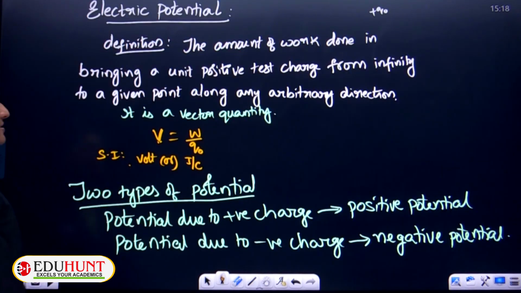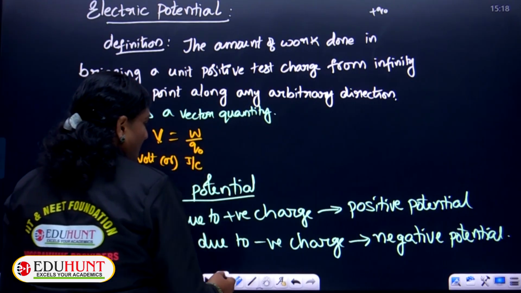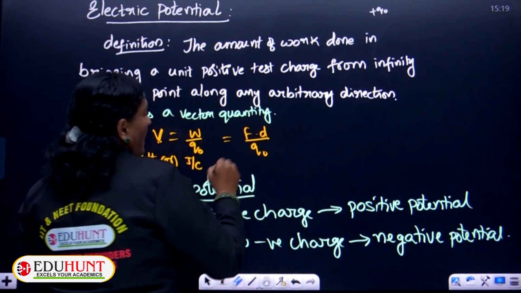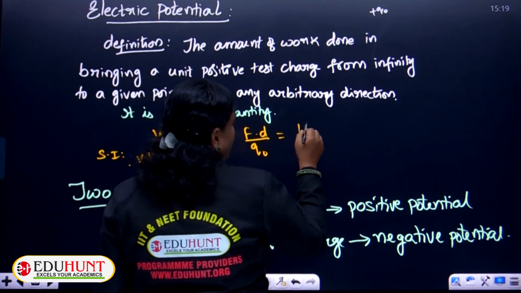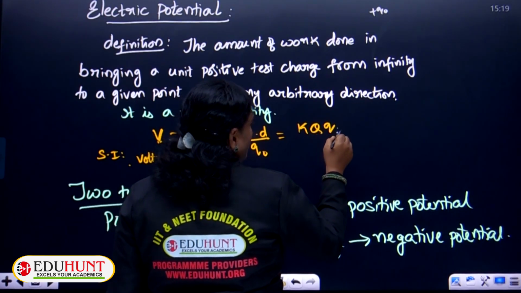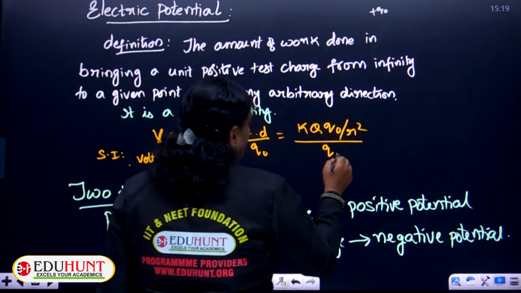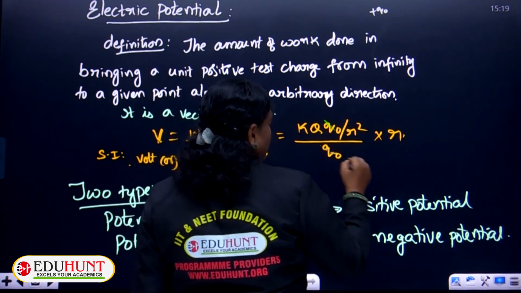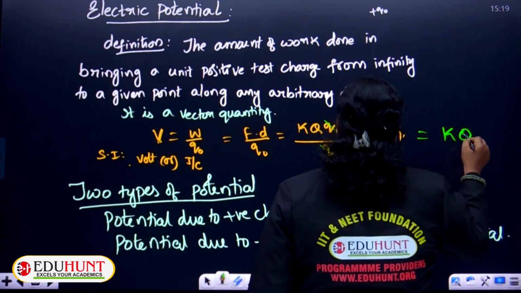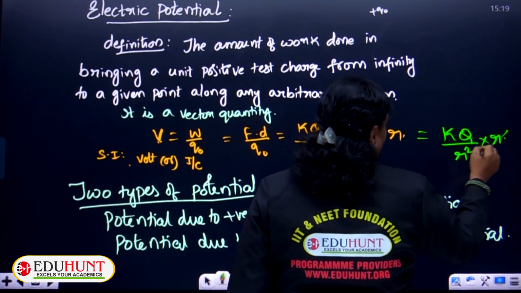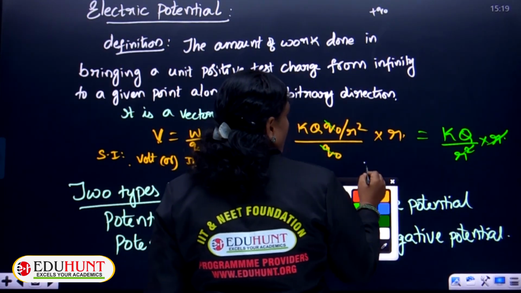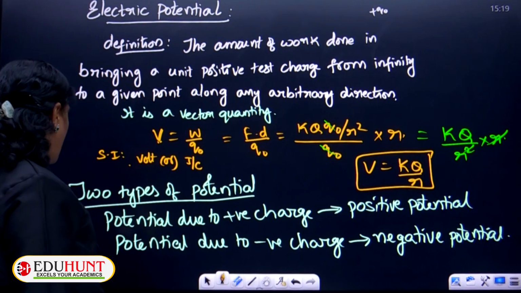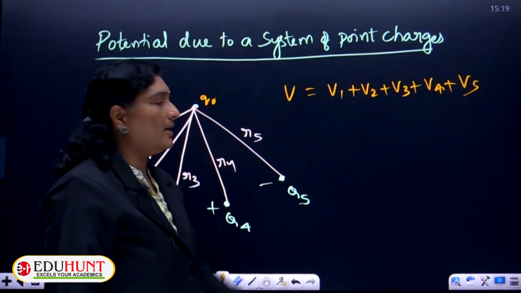The electric potential is defined as work done per unit charge, and it can also be written as force into displacement upon Q. The value of force, as we just considered, is K into Q Q0 by R square, whole upon Q0 into the distance R. So it can be written as KQ by R square into R, or the value of V is found to be KQ by R. Hence, the formula for V is KQ by R.